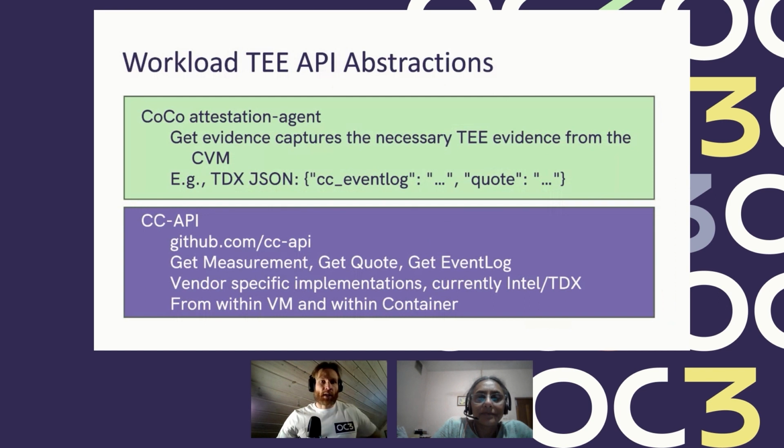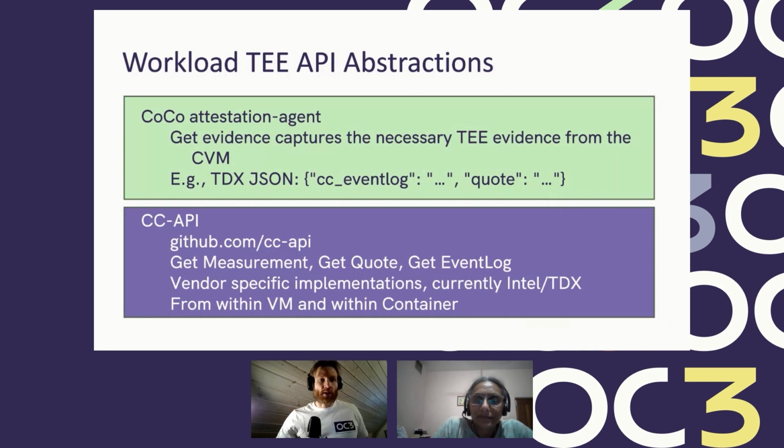One other thing that is maybe worth highlighting here is that there are a couple of projects providing even higher level API abstractions for the confidential VM services to build the evidence for the verifier to check. So in the COCO community, we have a component called Attestation Agent that provides a very high level get evidence interface that is neutral to the application, so that the application doesn't have to know about the underlying TEE that it runs on.